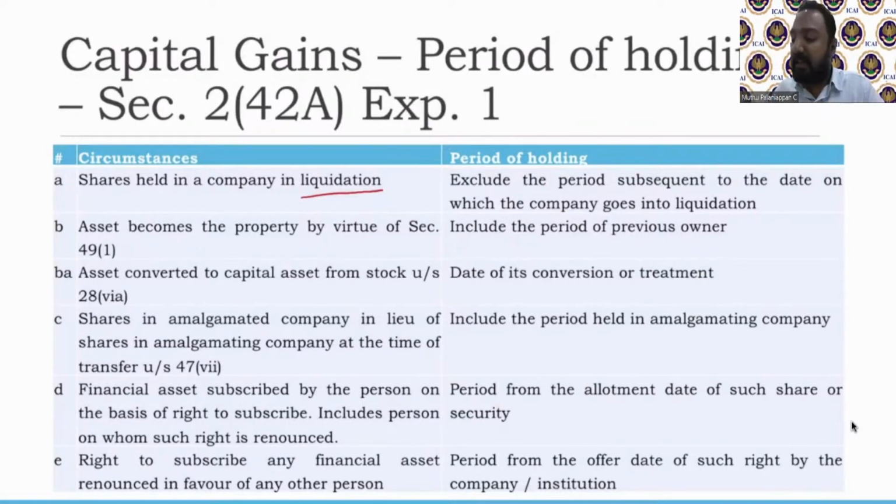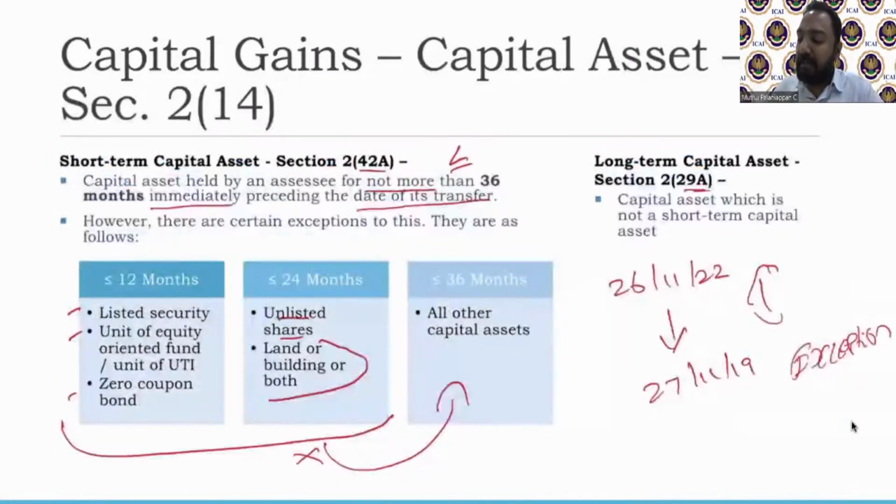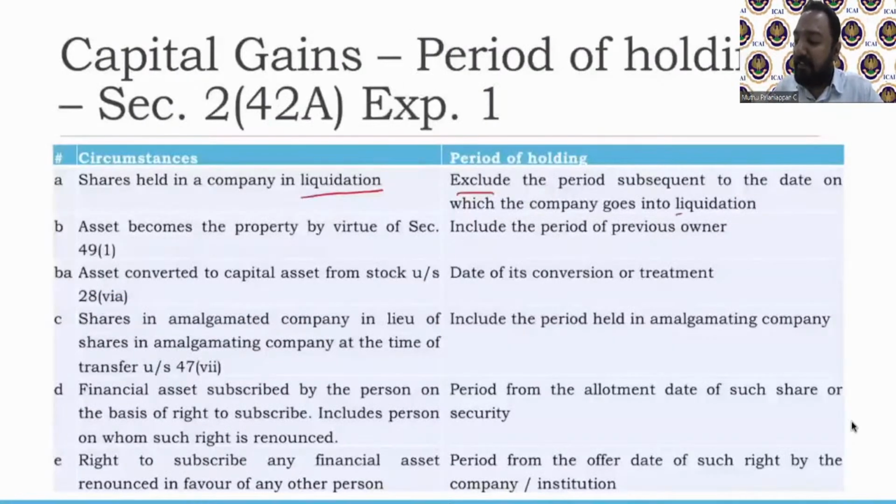So in that case, exclude the period subsequent to the date. So we need to exclude, okay, what date? From the date company goes into liquidation. So you'll have to exclude the period subsequent. So if the date in which it went into liquidation is 1 year before, you'll have to stop at that date. So your actual date of transfer, as discussed in this case, will be the date in which company went into liquidation.